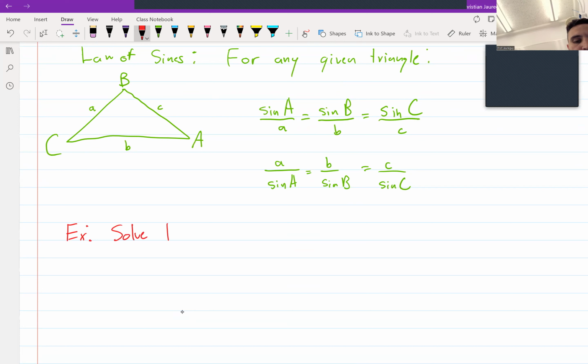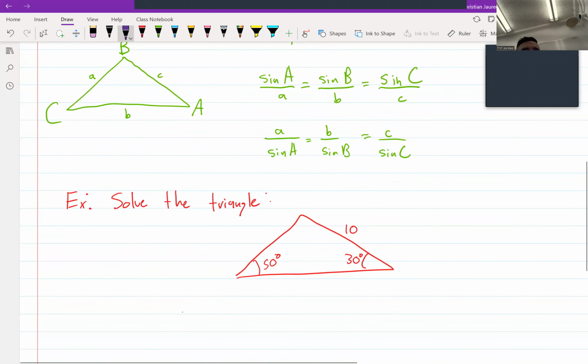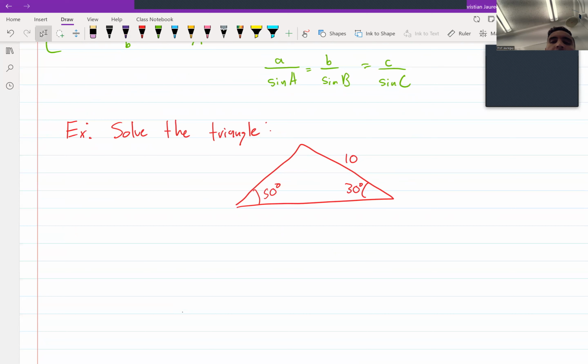Solve the triangle. When you have 30 degrees here, 50 degrees there, and we know this side is 10. Something that's good for us to do is label things.